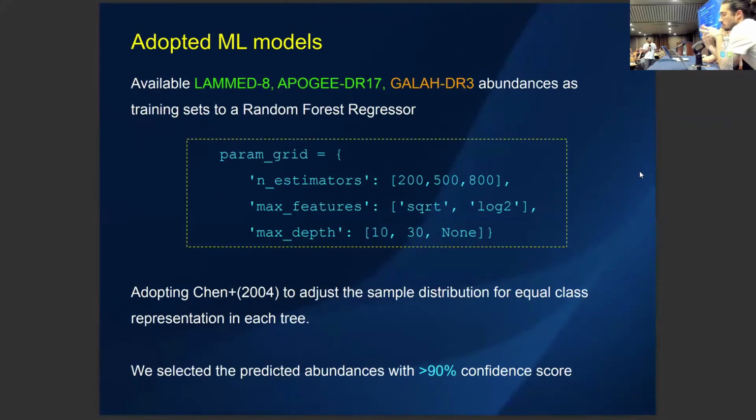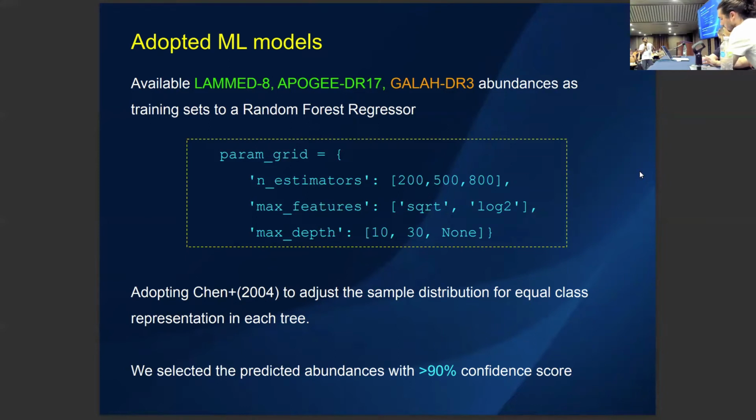With that, we utilized three spectroscopic surveys for the known objects, using the LAMOST medium resolution, APOGEE high resolution and GALAH high resolution Data Release 3. But interestingly, for LAMOST and APOGEE, the predicted abundances were not so satisfactory when we compare with the known values.